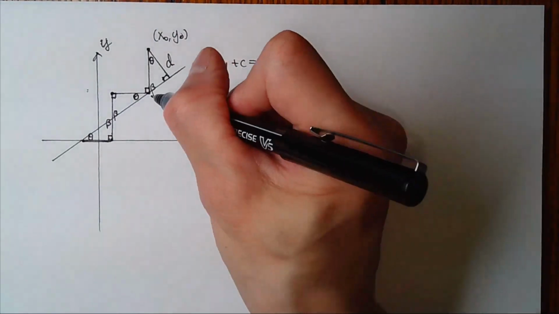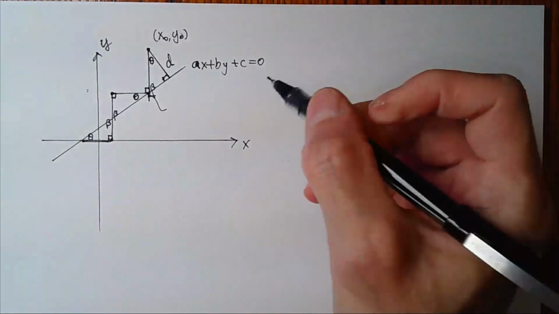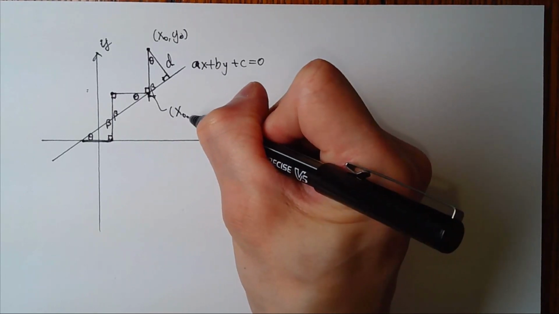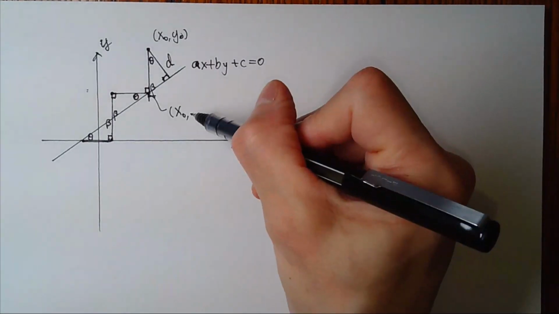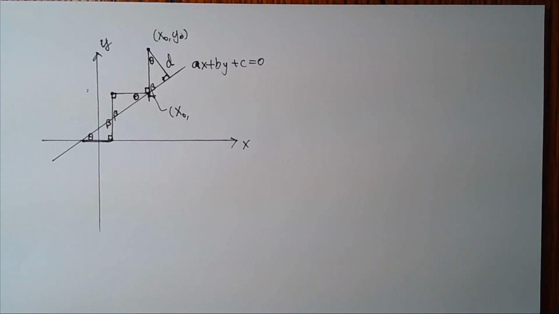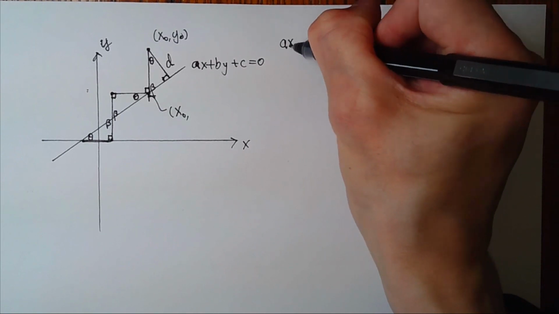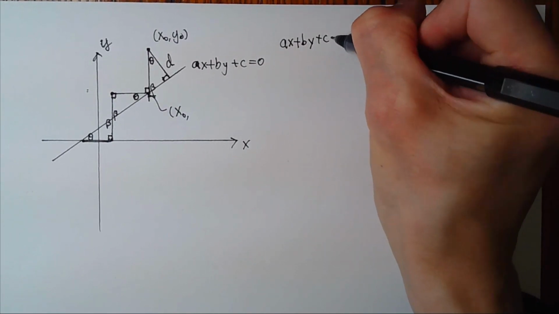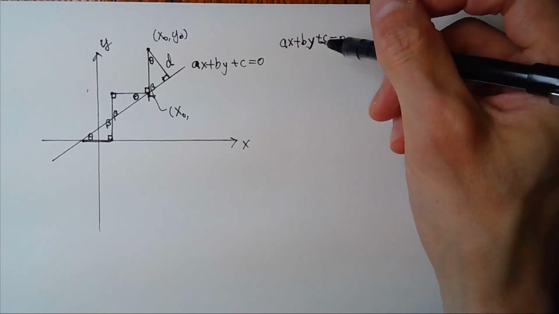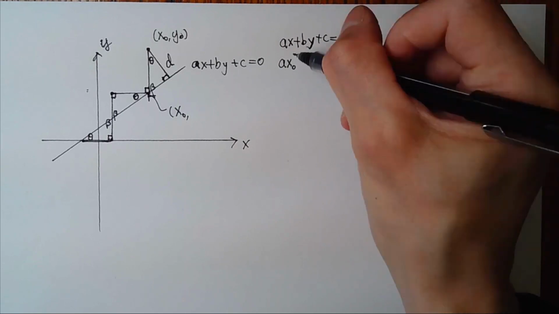The next thing is I want to find the coordinate for this point. Well, the x coordinate will be x0 because it is a vertical line. And we want to find the y coordinate for this point. To do that is quite simple. In ax plus by plus c equals 0, I'm going to plug in x0 for x.